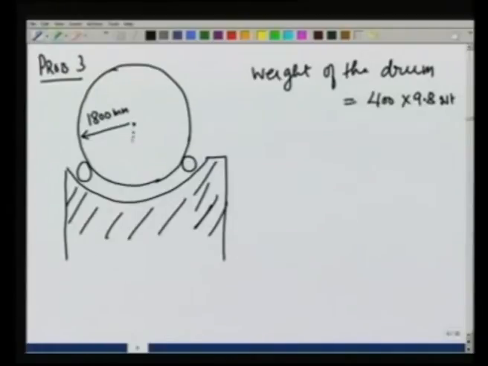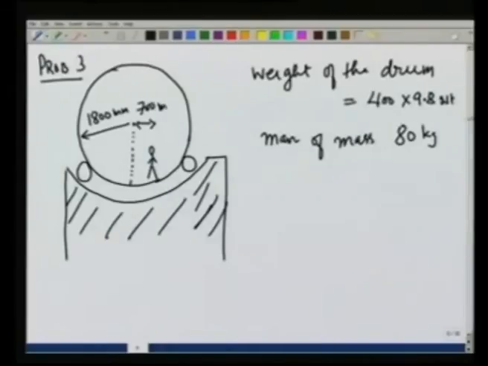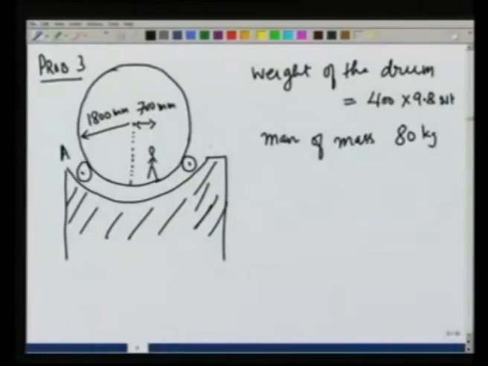A man of mass 80 kgs starts walking on the drum, and when he reaches here, which is 700 mm distance from the center, the drum starts moving, just begins to rotate on these rollers A and B. The B roller, these rollers are also cylindrical, is capable of applying a frictional force.